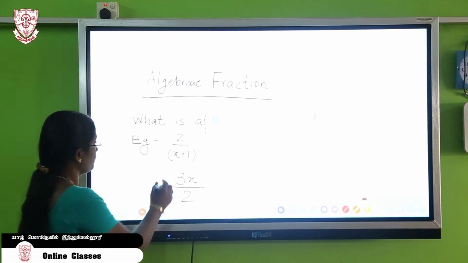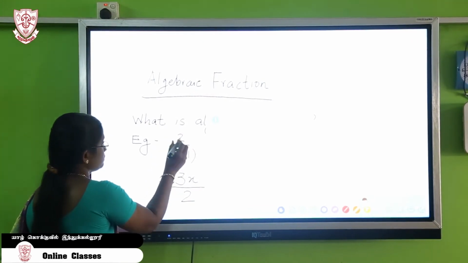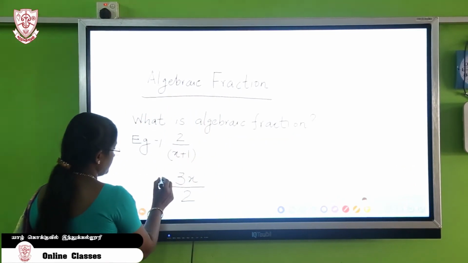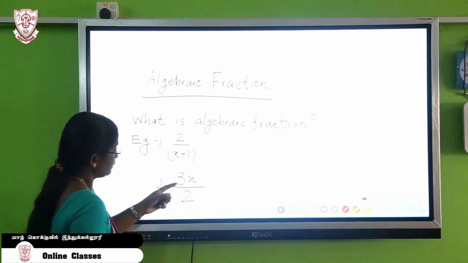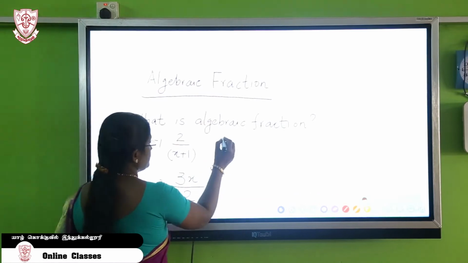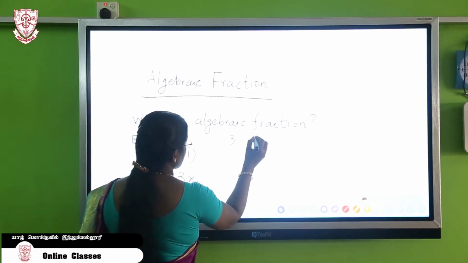In the second example, 3x is the numerator and the denominator is a number. So the next example, please look at this.